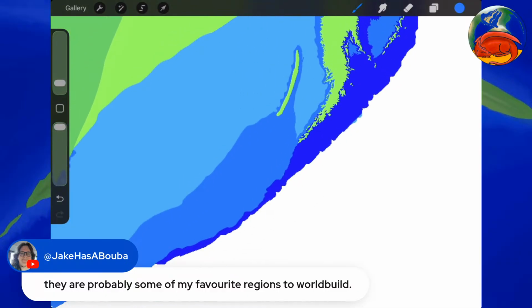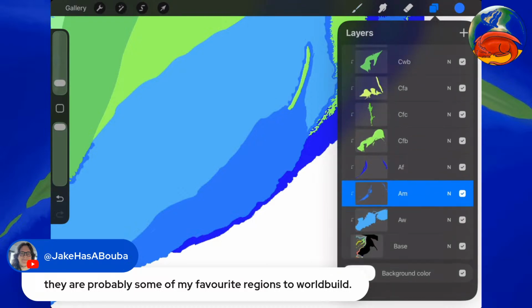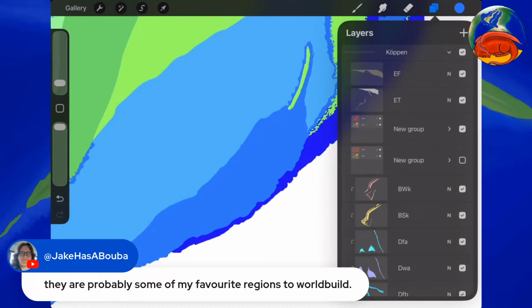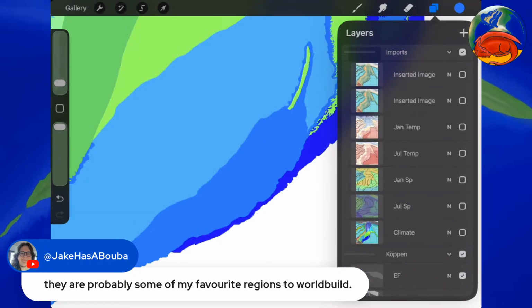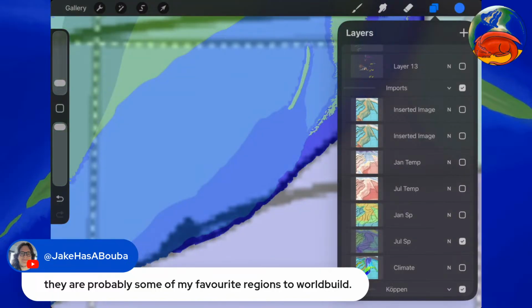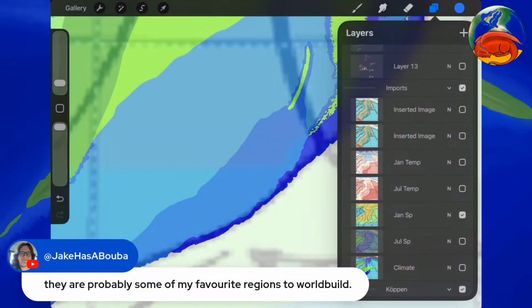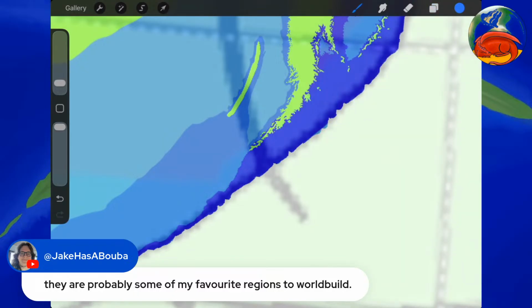All right, and then I'm gonna check the winds because I'm probably gonna peel it back and then have it come out a bit more. So let's see. Up this way.